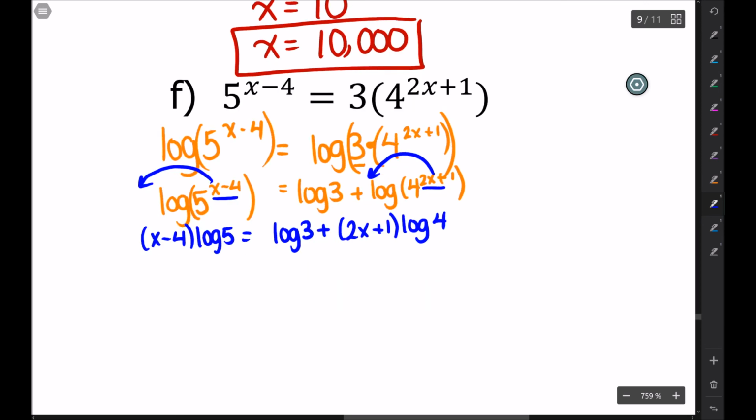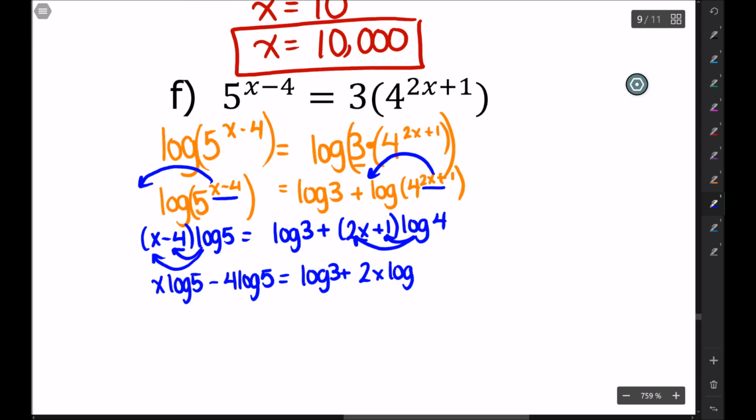Okay, now I just need to distribute through, so I get x log 5 minus 4 log 5 is equal to the log of 3 plus, I'm going to distribute this through again too, 2x log of 4 plus 1 times the log of 4. Okay, now I'm going to get my x's together on one side.